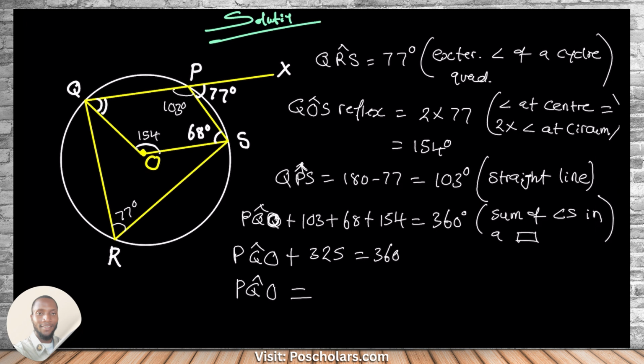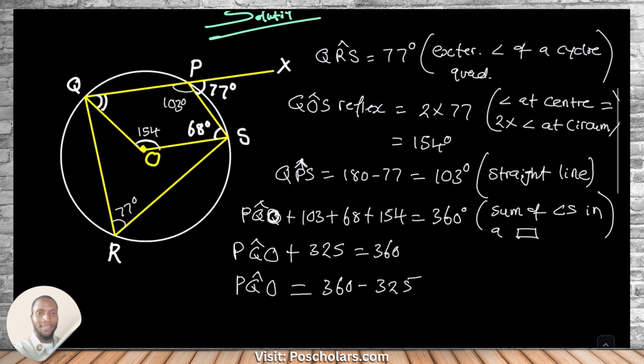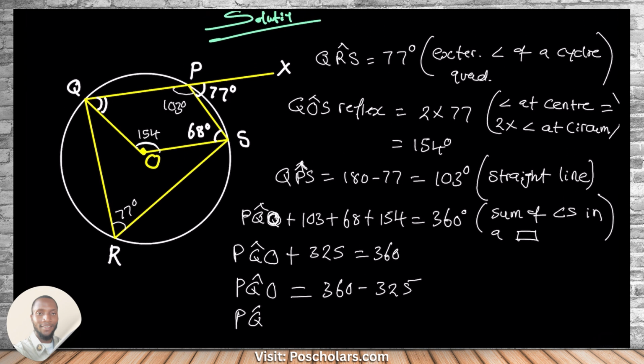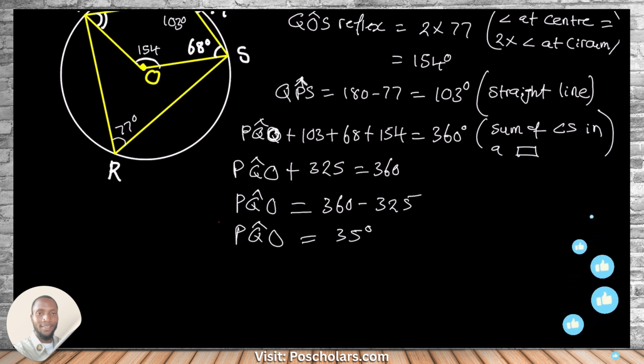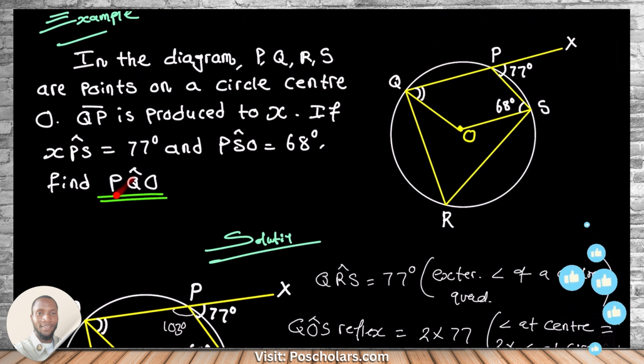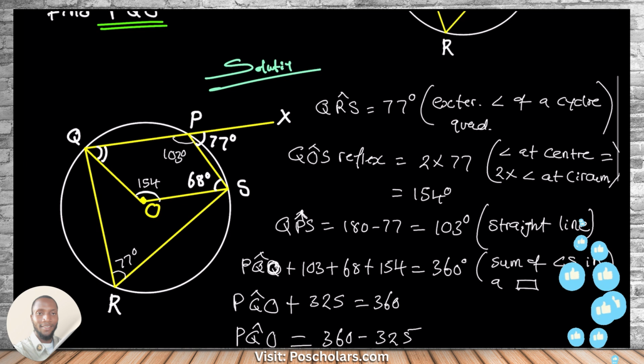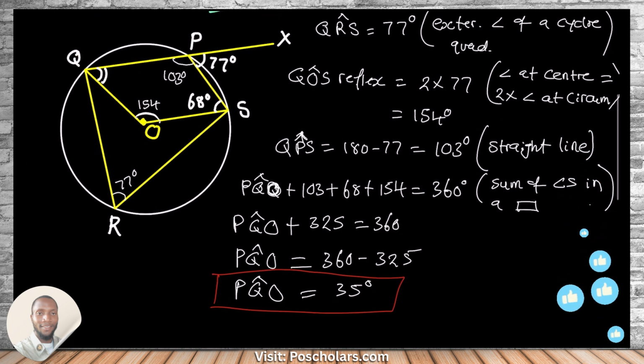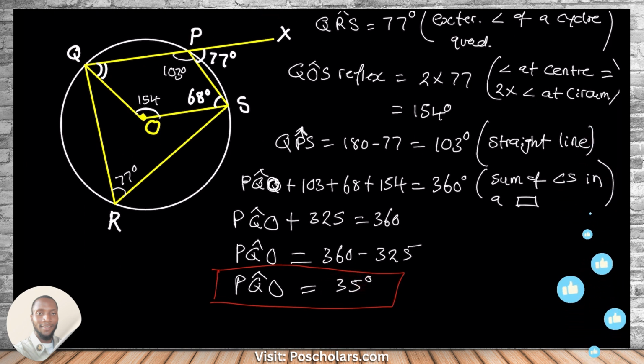Subtract 325 from both sides, you have PQO equal to 360 minus 325, and when you do the subtraction, PQO is equal to 35 degrees. And that's the final answer. The question asks us to find PQO. You can see it, PQO, this part. The answer is 35 degrees. So I can safely write 35 degrees.